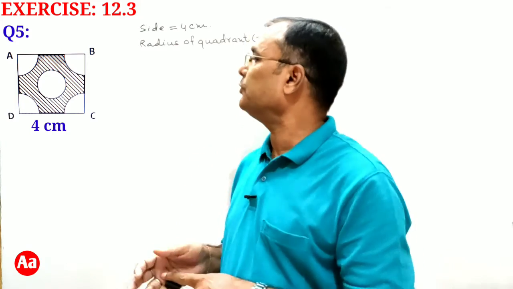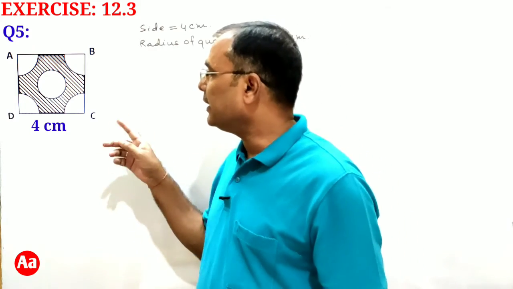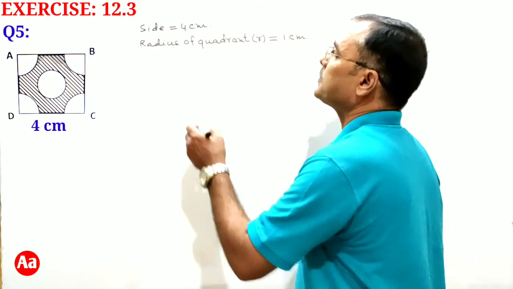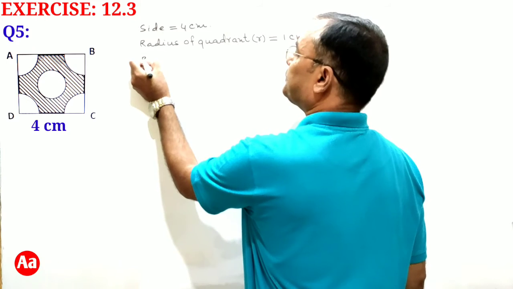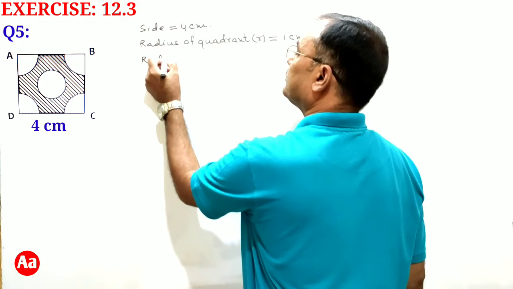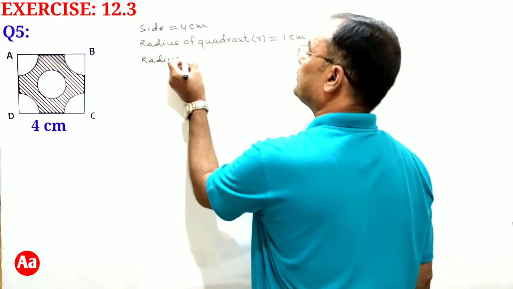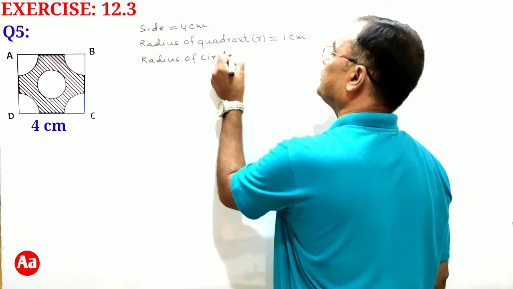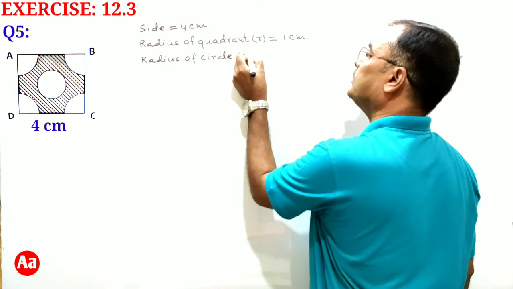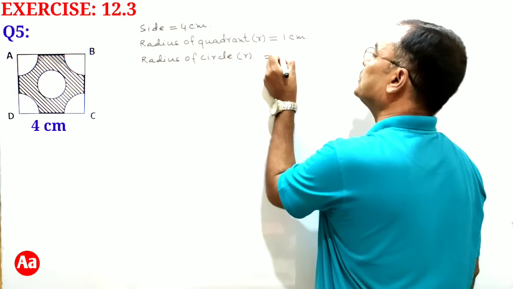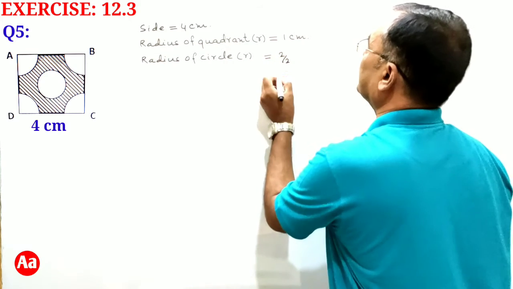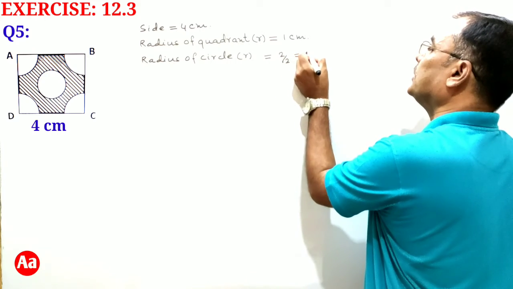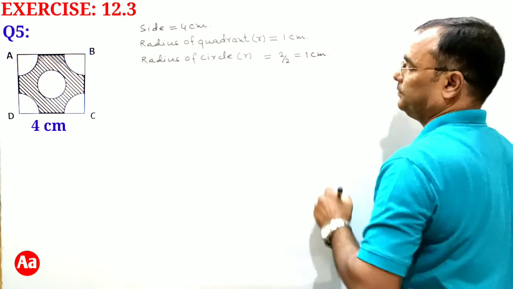So the radius of the circle that is cut from the middle of the square is also 1 centimeter, diameter 2 centimeter divided by 2, radius 1 centimeter.